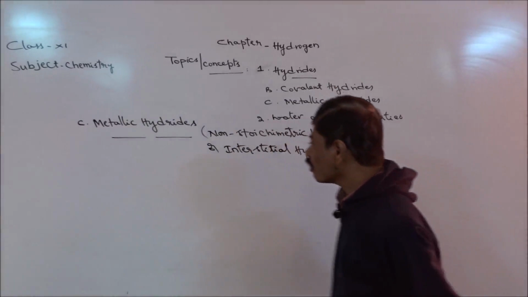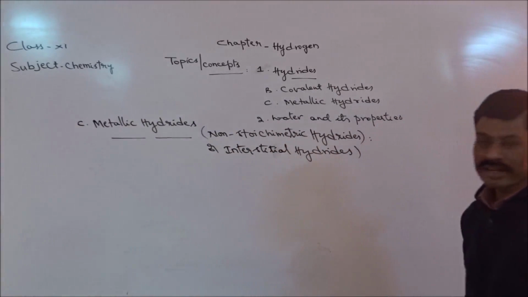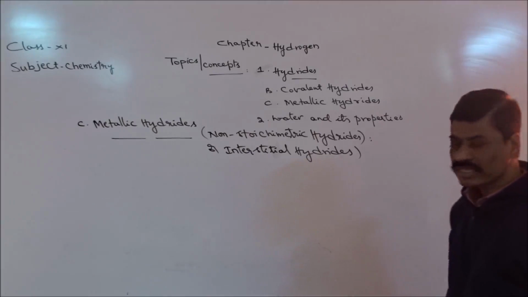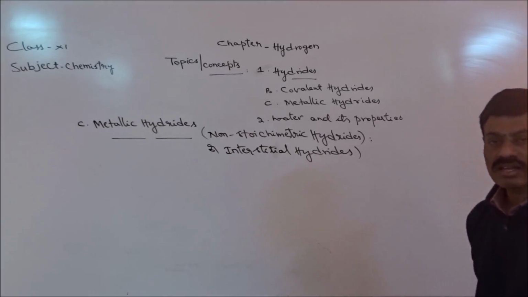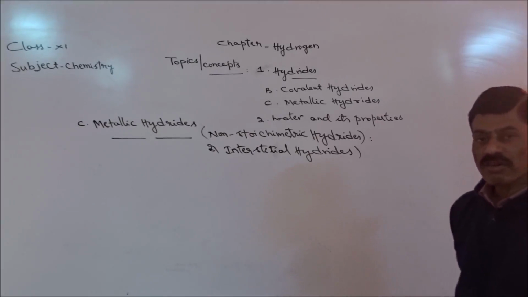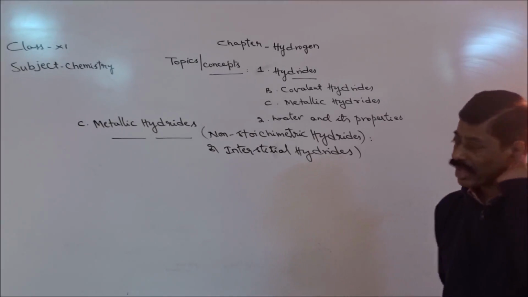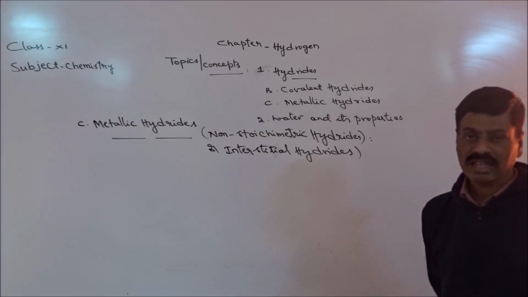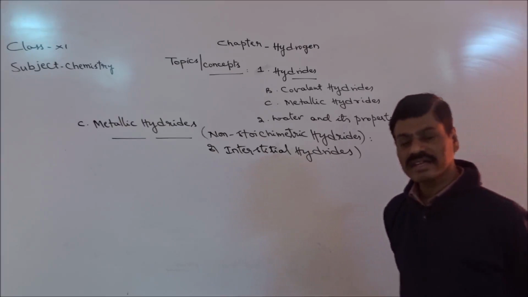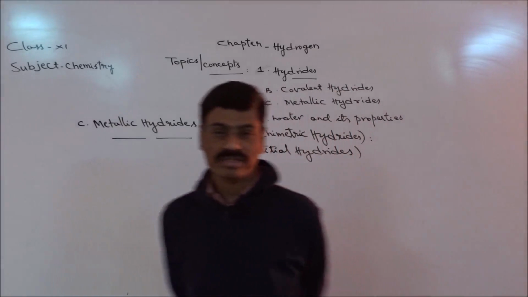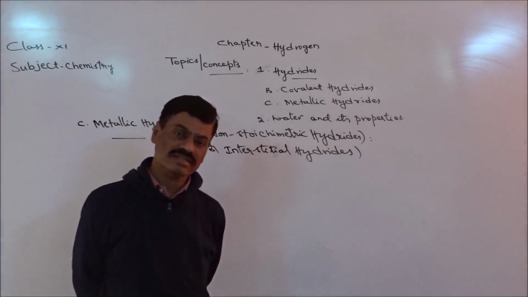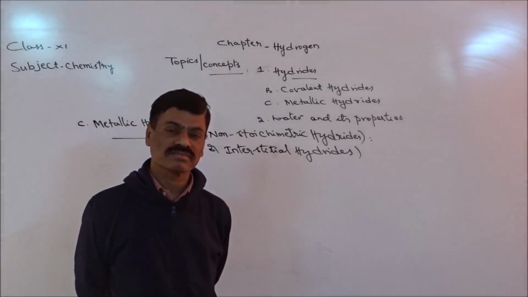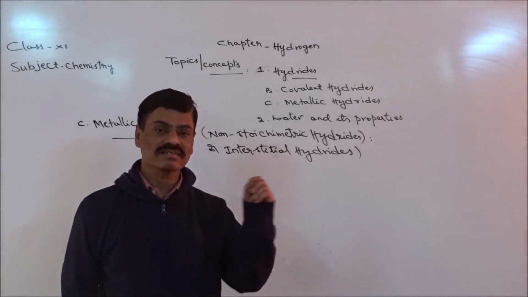Now, in the case of these metallic hydrides, as I told you, when the D block metals and some elements of F block combine chemically with hydrogen, these hydrides result. These D block elements contain a number of pores, P-O-R-E-S, meaning holes or interstices.